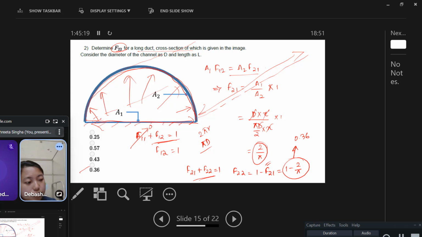So there is a difference between these two. Since these are closed, all the radiation is distributed among themselves only, so the total view factor can be considered 1 here. So we move to the next question then.